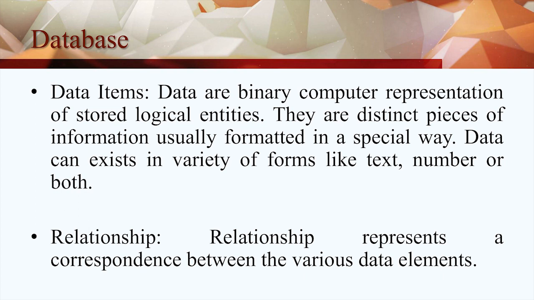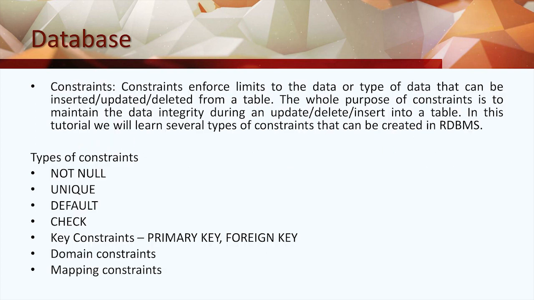Now what is constraints? Constraint is a set of rules or protocols to limit the data type, or you can say the constraint is applied to make the database consistent or uniform. The whole purpose of the constraint is to maintain the data integrity during different transaction processing.